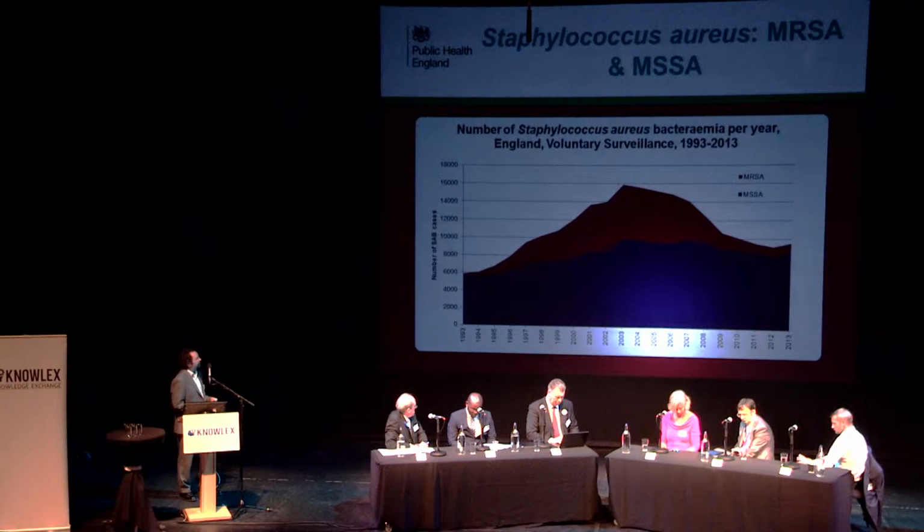So if we look over time, this slide really is to demonstrate the increase we saw in MRSA in the early 90s. So if you look on the left-hand side of the chart there, you can see that large increase in MRSA and to a degree MSSA as well within the 90s, reaching a peak in 2001, 2002, 2003 or so, which is around about when the government started to bring on board mandatory surveillance.